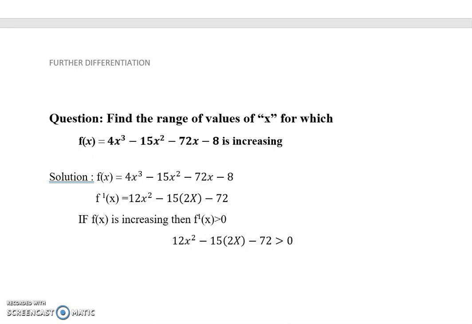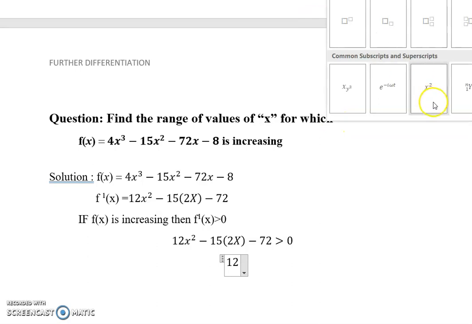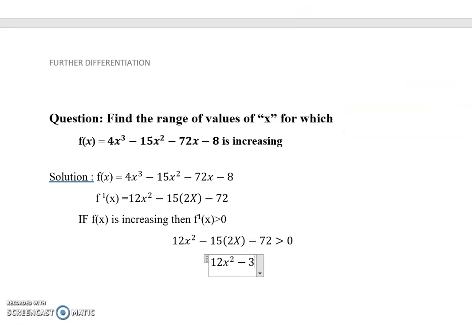When this is greater than 0, we have to solve it further in order to find the value of x. So we have to factorize it. We have 12x squared minus 30x minus 72 should be greater than 0.